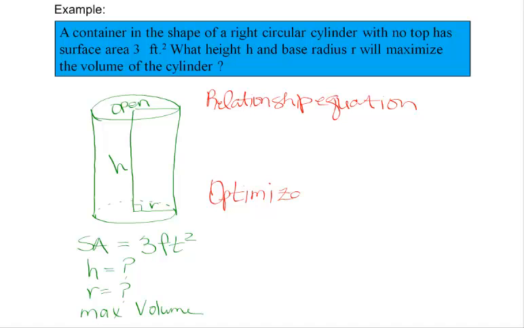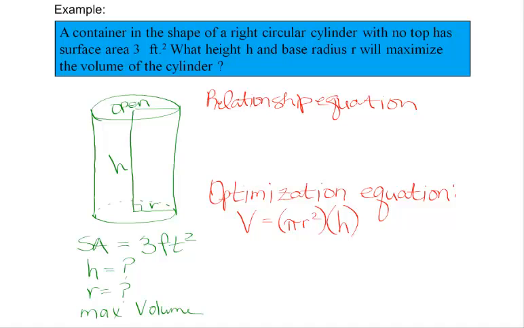optimization equation, I think I'm spelling it right this time actually, we'll see, is volume of a right circular cylinder, which is the area of the base times the height.